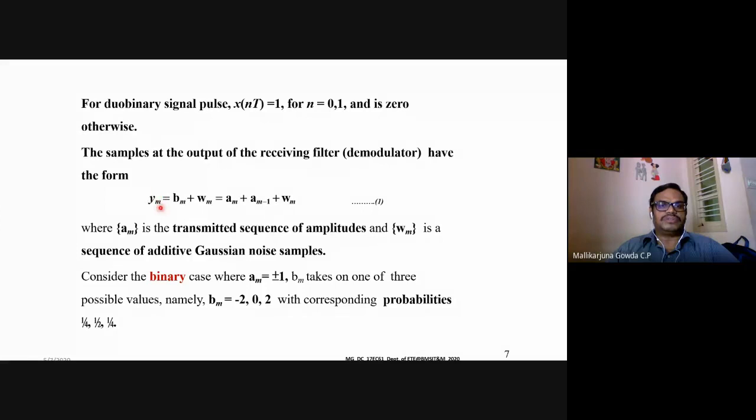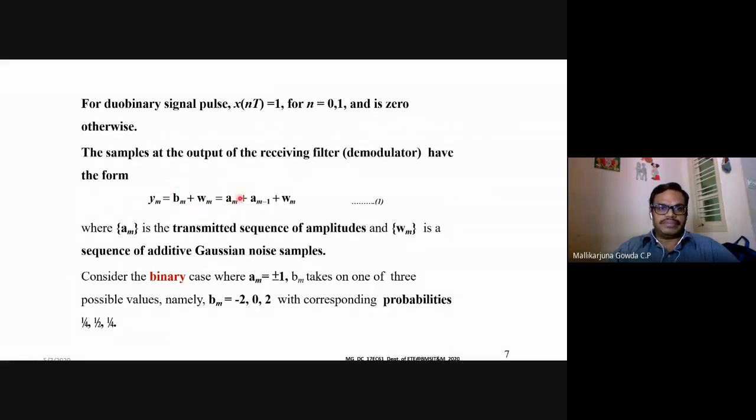So this is the output of the receiving filter. I denote that as y m, which is equal to b m plus w m, and this b m can be written as a m plus a m minus 1.